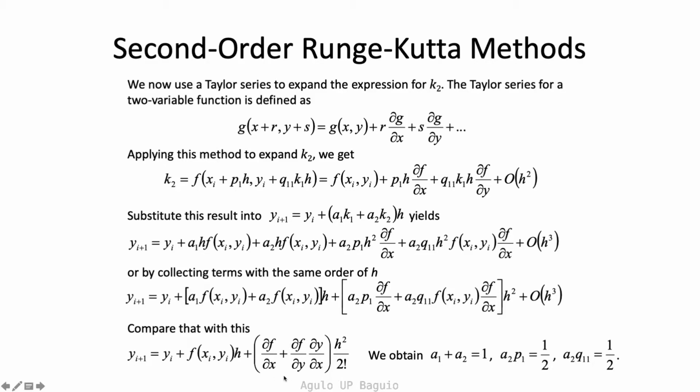We can see that if we compare this term here with this term here, a1 plus a2 is equal to 1. If we compare this term here with this term here, we see that a2 p1 is equal to 1/2. Also, if we compare this term and this term here, we see that a2 q11 is also equal to 1/2.